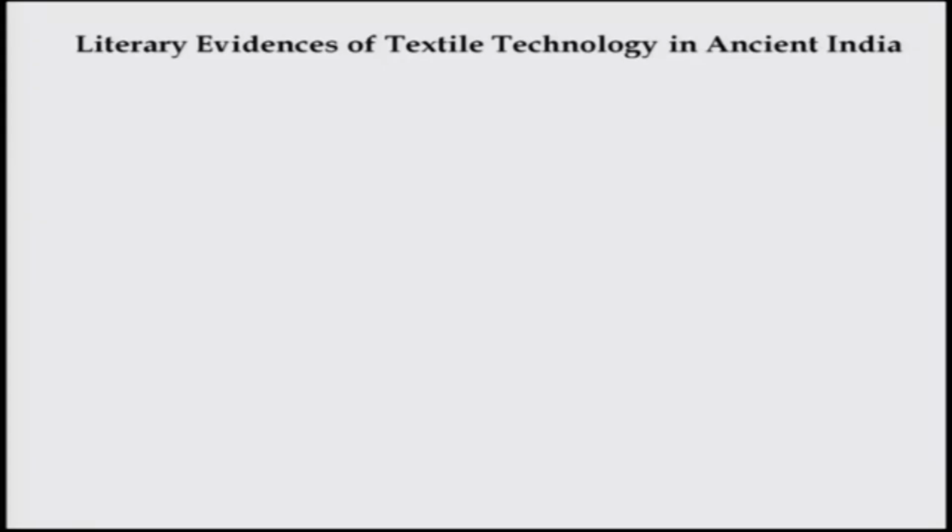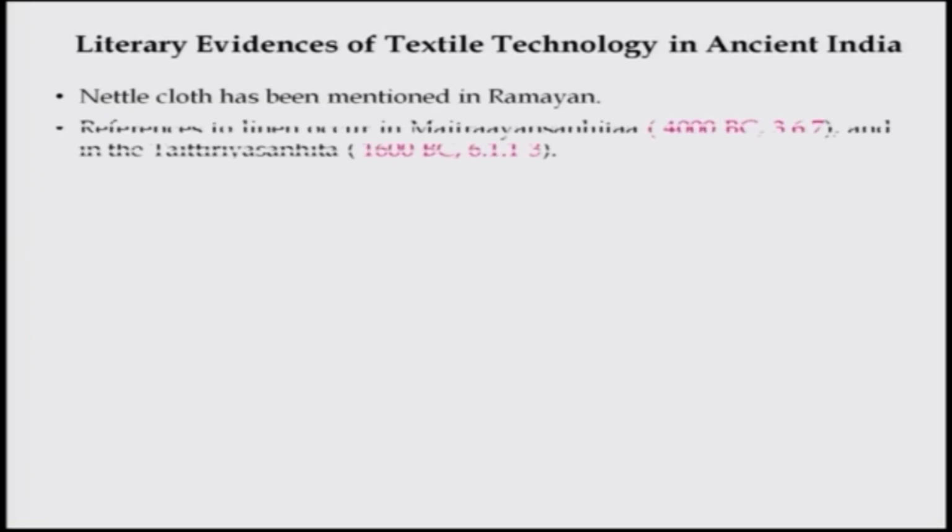And let us now look at the textile technologies in ancient India pertaining to the literary evidence. If you go back to the Ramayana, you can find nettle cloth mentioned in Ramayana times, and references to linen, a kind of fiber from which one can make cloth, occur in the Maitrayana Samhita and Taittiriya Samhita.